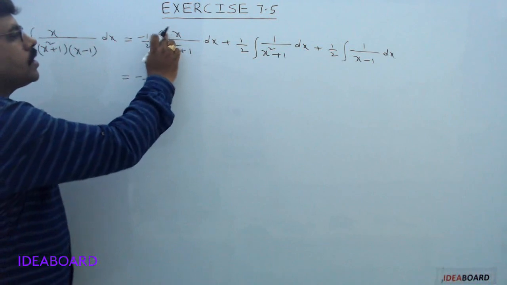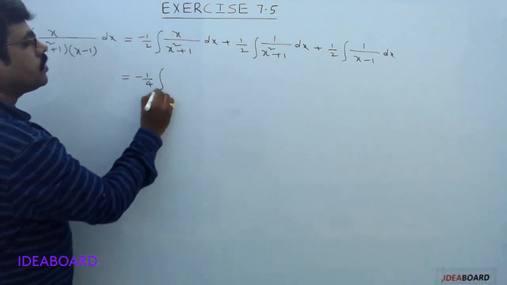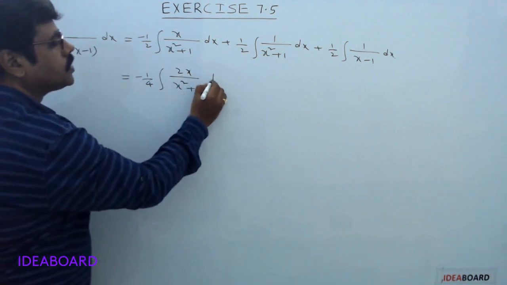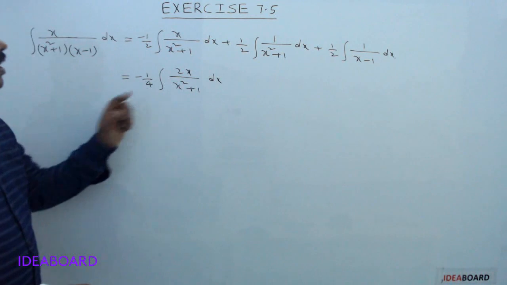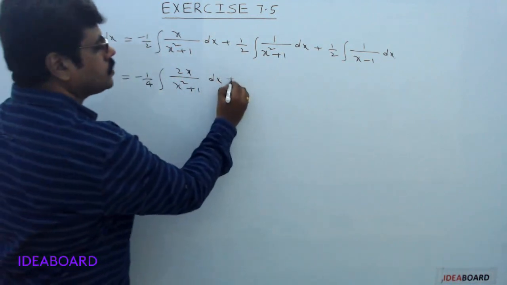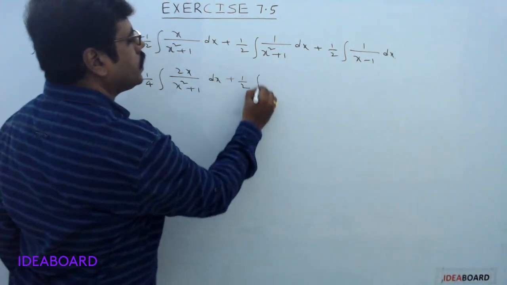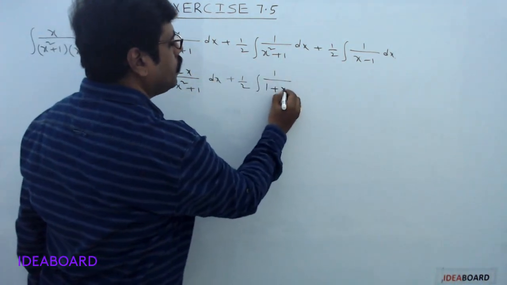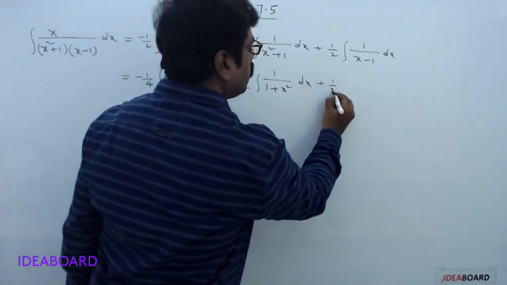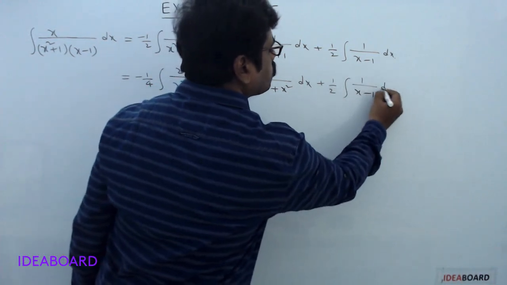So multiplying and dividing with 2, it will be minus 1 by 4 into integral 2x divided by x square plus 1 dx. Here I am multiplying and dividing with 2, plus 1 by 2 into integral 1 divided by 1 plus x square dx, plus 1 by 2 into integral 1 divided by x minus 1 dx.